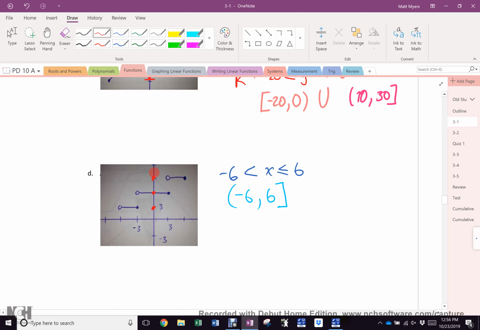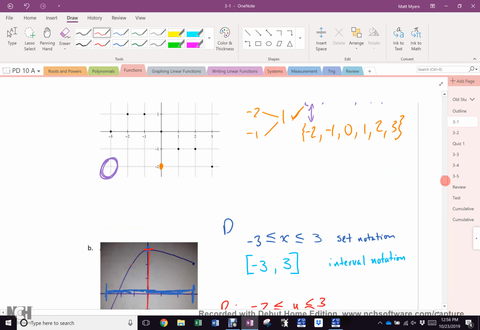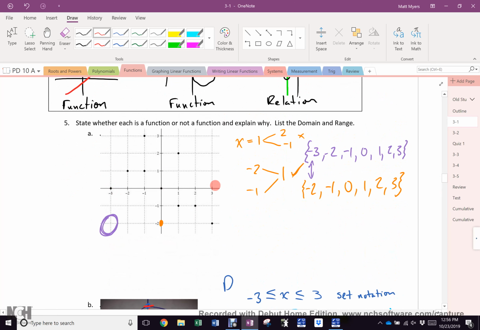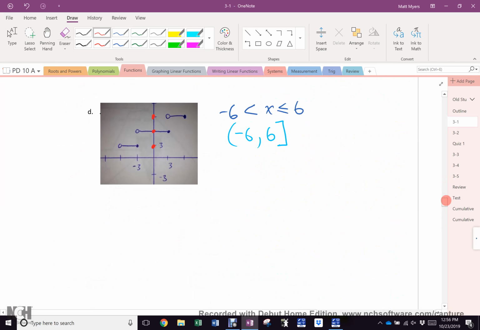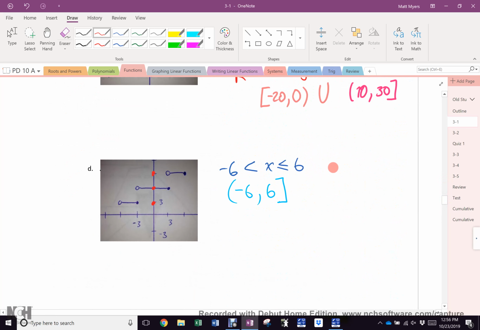So is this a line? No. So can I use interval notation? Can I use set notation? No. What's the only one I can do? What did we do when we had dots? You had to list them. So this is what? Squiggly bracket, 3, 6, 9. Everybody good?